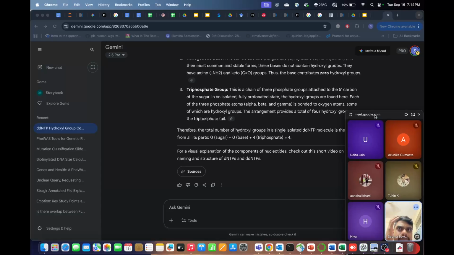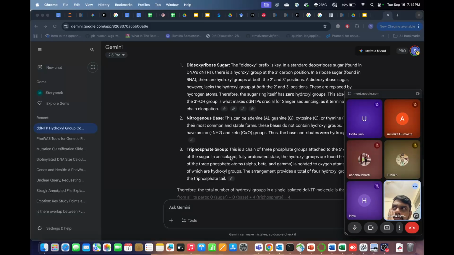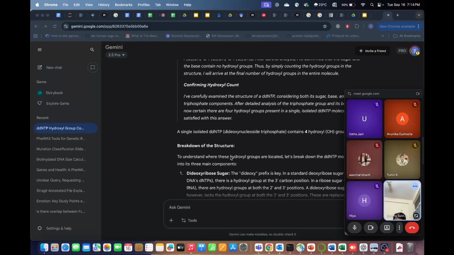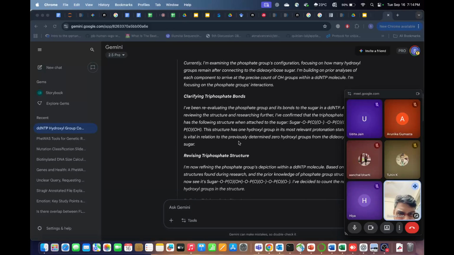If you have dideoxy, you won't have anything on the sugar moiety. You won't have anything on the nitrogenous base as well, but phosphate you'll have, PO4OH. Okay, I think it should be 4.